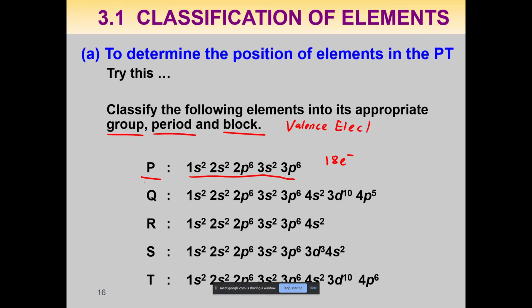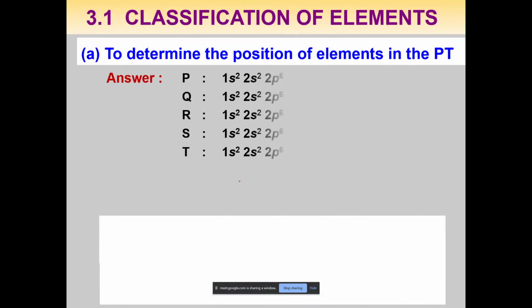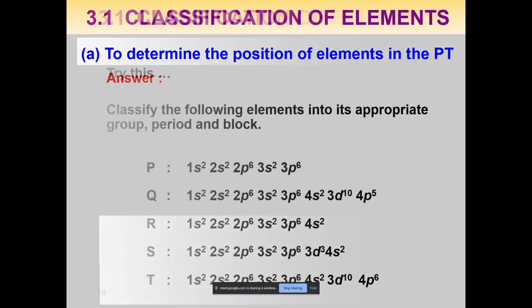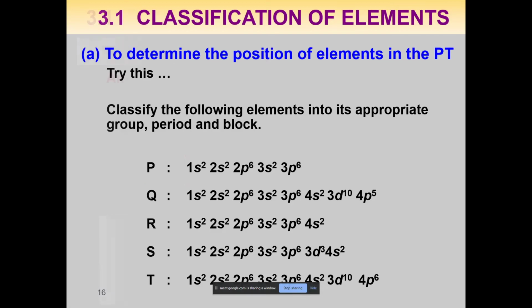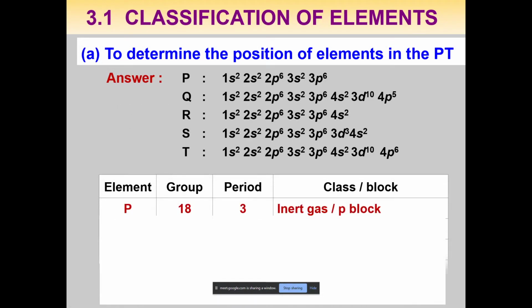Kita hanya tengok valence electrons only. So, mana valence electron untuk this? Okay. Can you bagi tahu valence electron dia dekat mana so I can circle it up? Tolong bagi tahu. 3s dan 3p. Yes, 3. Oh. Ya. Okay, it is 3. Apa jadi ni?